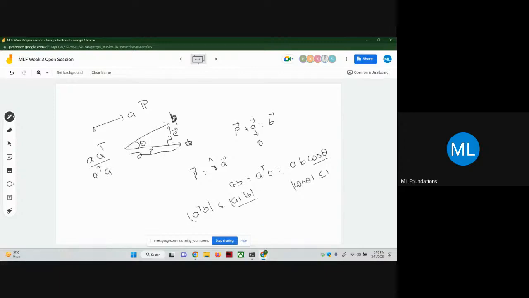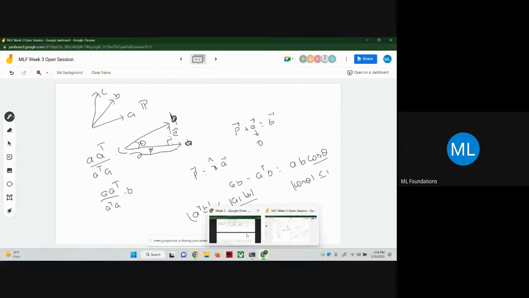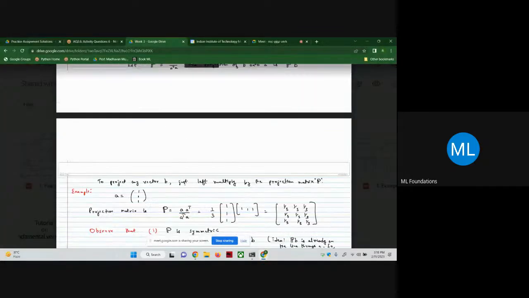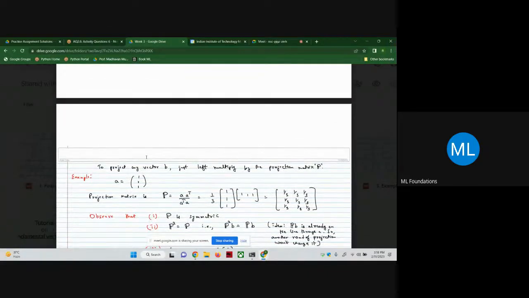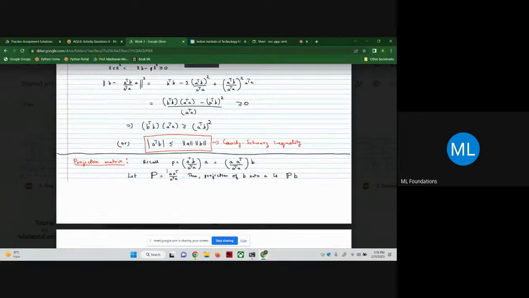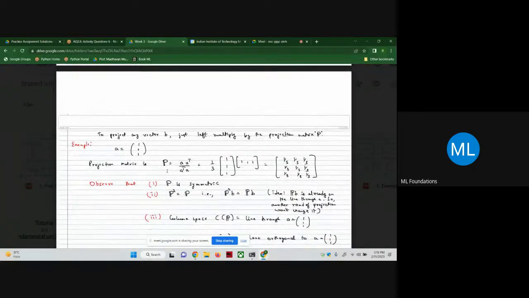Suppose there is another vector c, I can find the projection of c onto a by multiplying this matrix by c, or the projection of b onto a by multiplying this same matrix by b. So by using the projection matrix, you can project any vector onto this vector a. Is that clear?